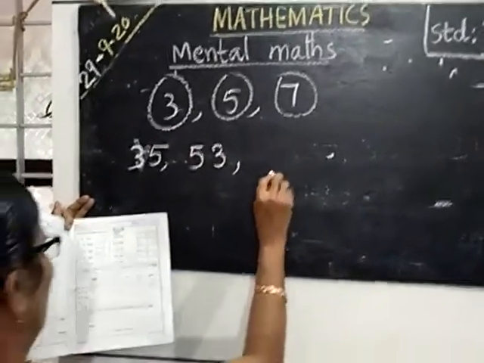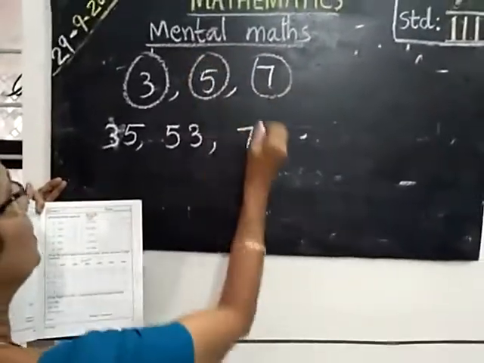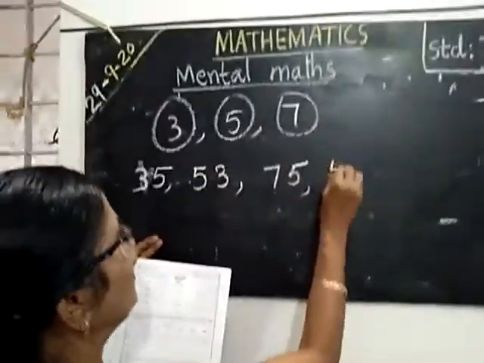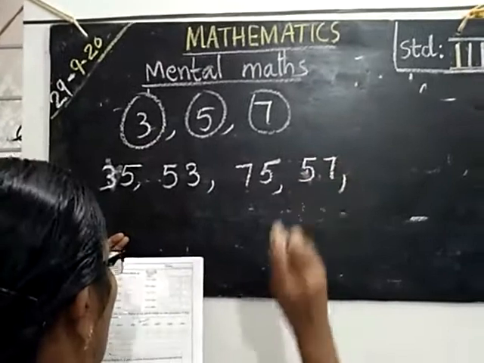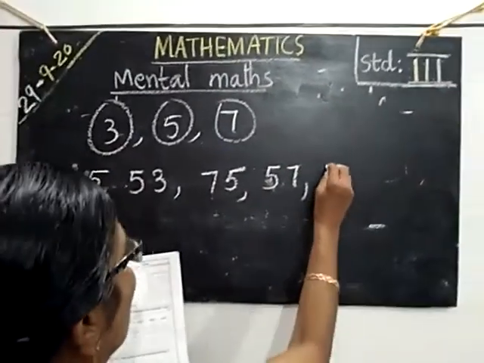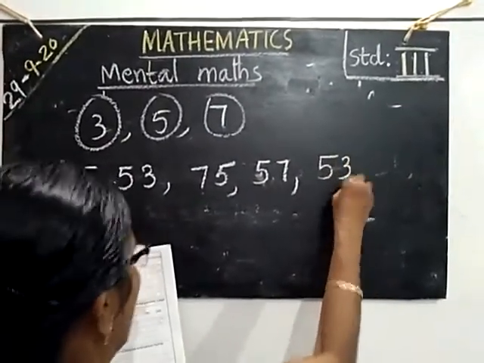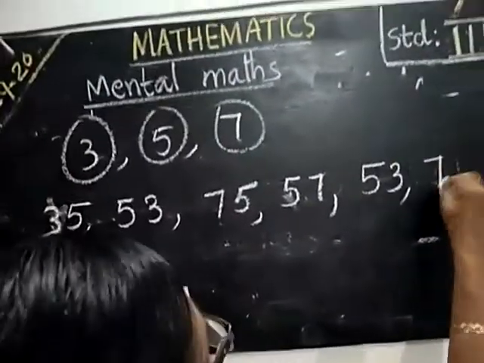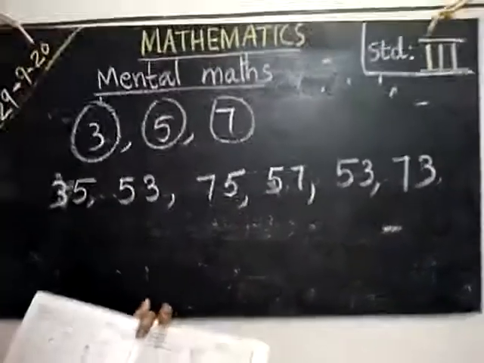Then 7 and 5 you take, 75. Then 5 and 7, 57. Next one, 5 and 3, 53. Then 7 and 3, 73.